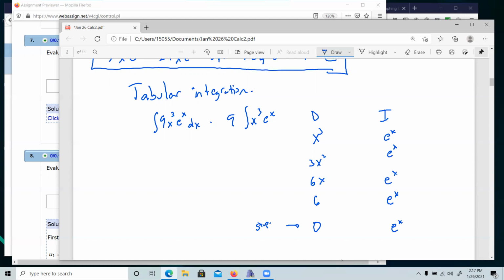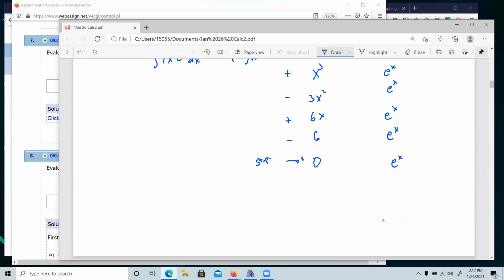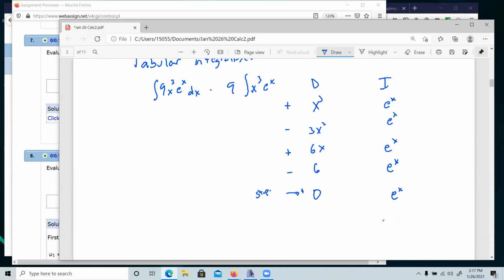The last thing we have to do is put in our signs: plus, minus, plus, minus, plus. The way this works is that you take this value in the diagonal. That's how we do that.